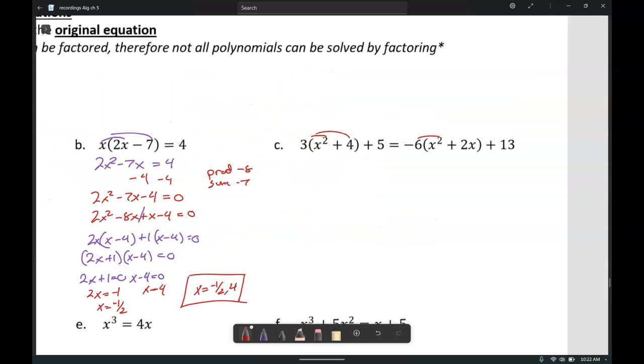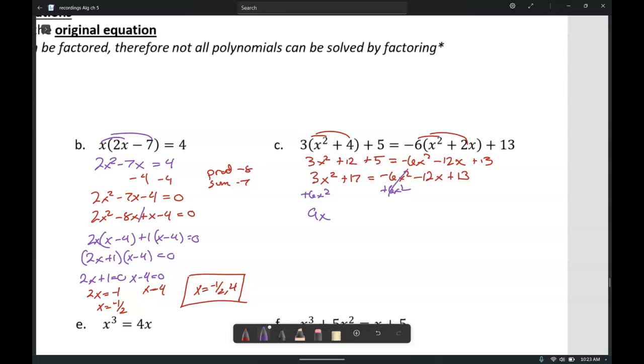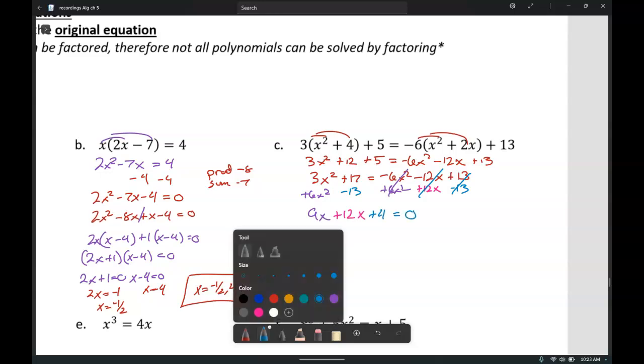Again, we'll apply our distributive property. Combine like terms. We will apply our addition property to group everything to the same side of the equation. And then we'll go ahead and factor.